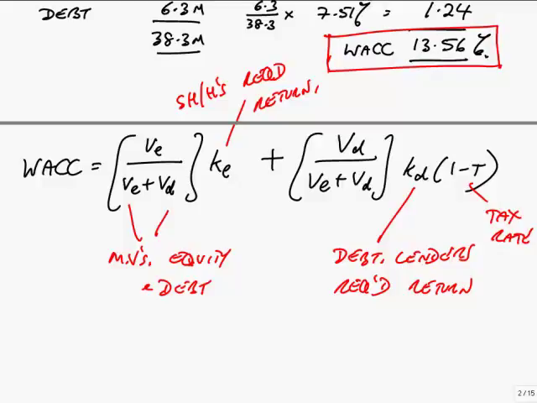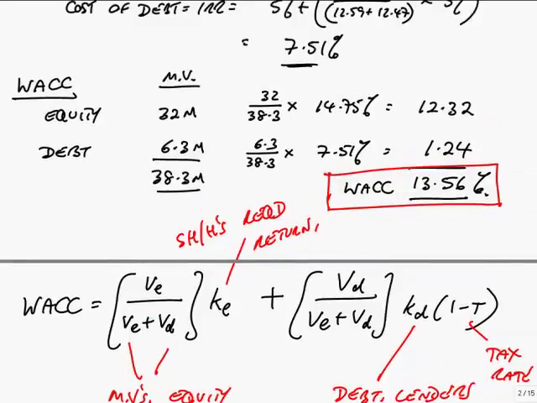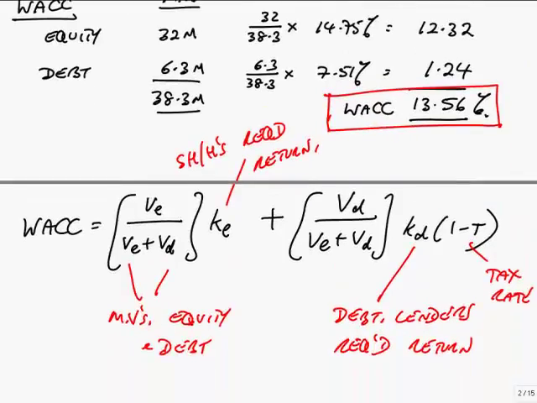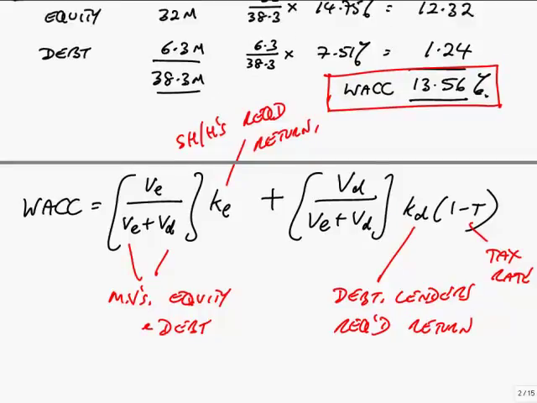And so although it makes it look more complicated than it is, VE over VE plus VD, surely, that's the weighting. Market value of equity over equity plus debt. You with me? So it's basically doing what we did, but not only do I think that makes it look complicated when it actually isn't, but in fact, that formula doesn't always work.